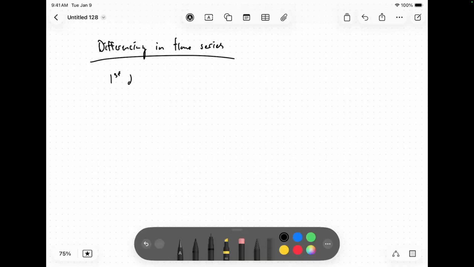The first difference is delta y of t equals y of t minus y of t minus 1. And you do this for x of t as well, x of t minus x of t minus 1. Essentially, you do this for each variable.